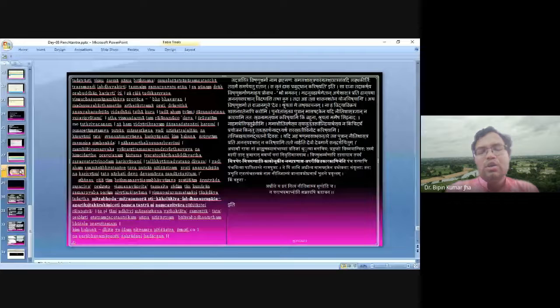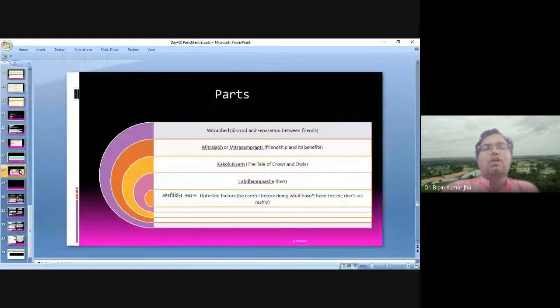So this is Kathamukh, the starting point of the story, and it is divided in 5 parts. What I have already mentioned: mitra bhed, or separation between friends. If you are not united, then what will be the result?